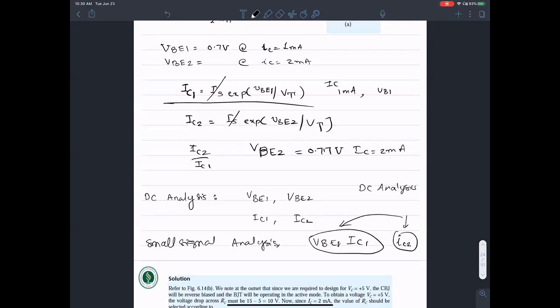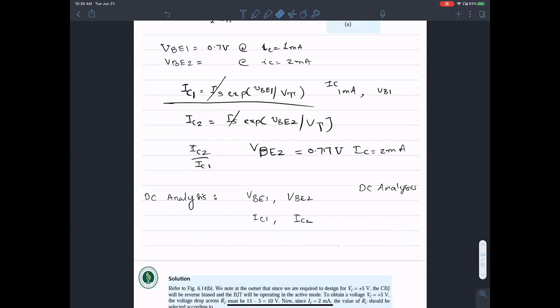But when you're doing the DC analysis, the signal swing is so high that you have to change the IC value. If IC was 1 milliampere and the new IC is 2 milliamperes, it's doubled, that's a 100 percent increase, a large increase in IC.